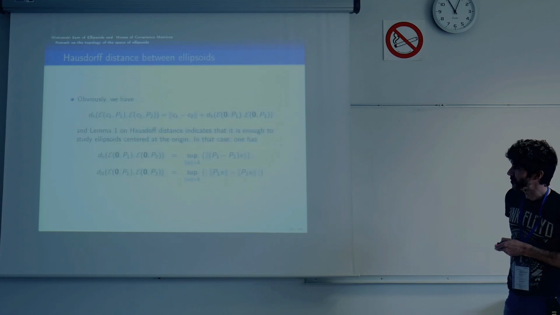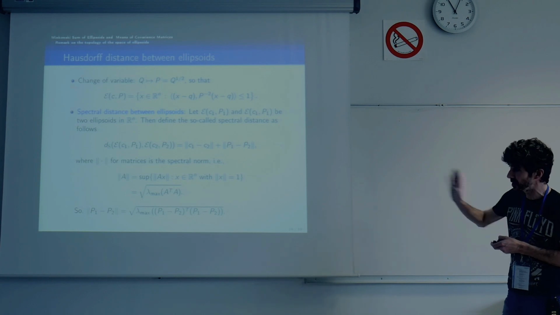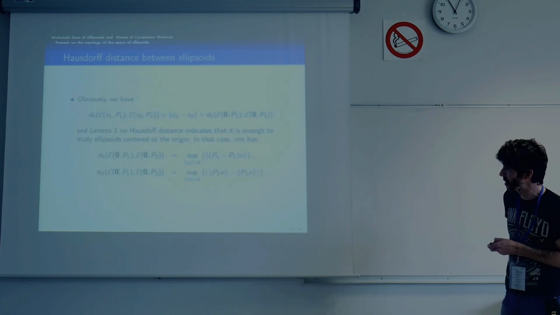Now we focus just on the case of ellipsoids which are centered at the origin, so the position will be zero for both. Like that, we can remove this annoying term, but it's not a problem because we can consider the ellipsoid just at the origin.